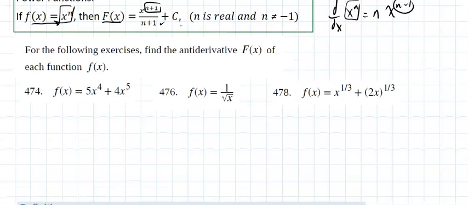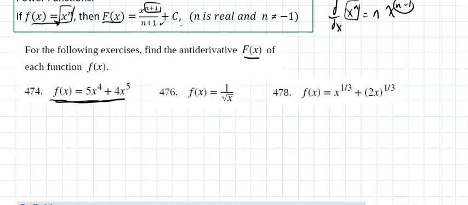Here they're telling you they took a derivative and they get this answer. They want to know what would be capital F of x. Well, just like when you take a derivative, you ignore the plus or minus, we're going to do the same here. And just like when you take a derivative or antiderivative, you ignore the constant, we're going to ignore the constant. We're going to apply what's known as the power rule on x raised to a power. So here we're going to add 1 to the power and divide by that.